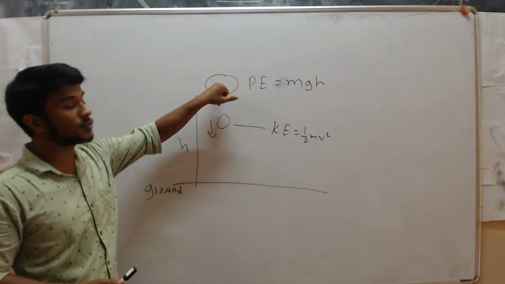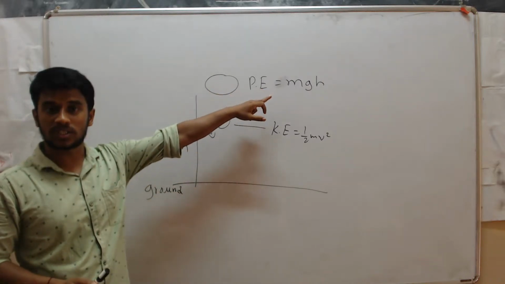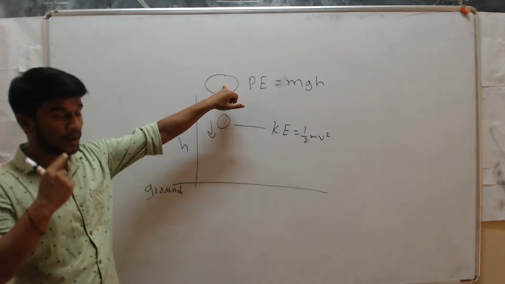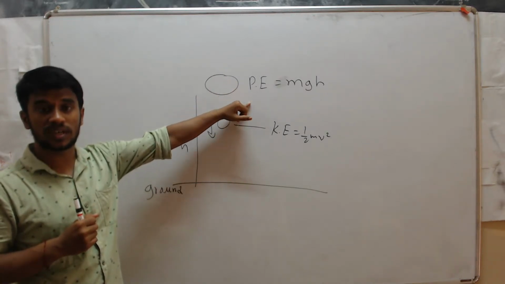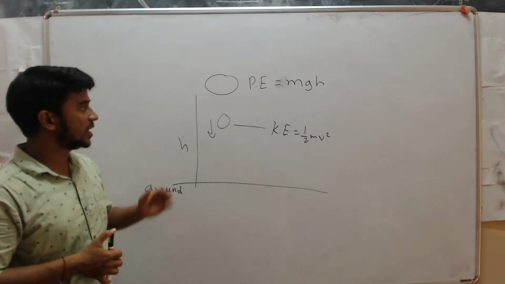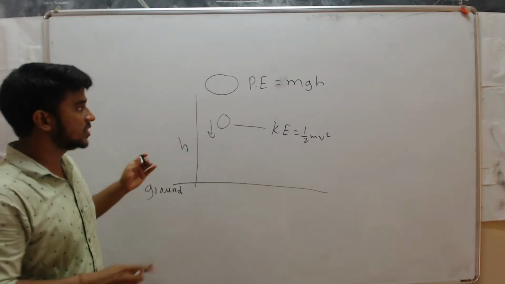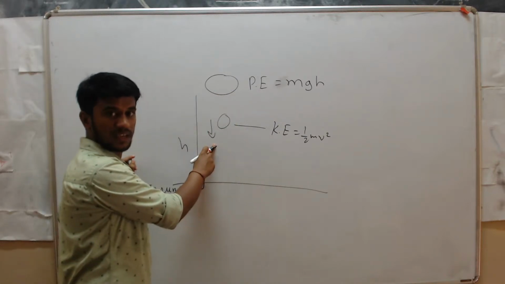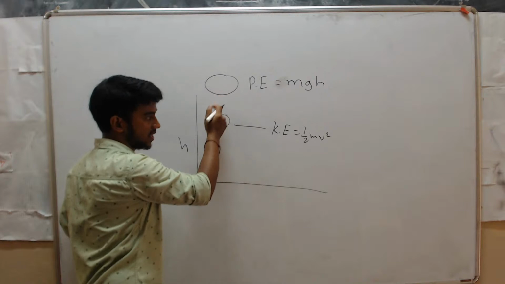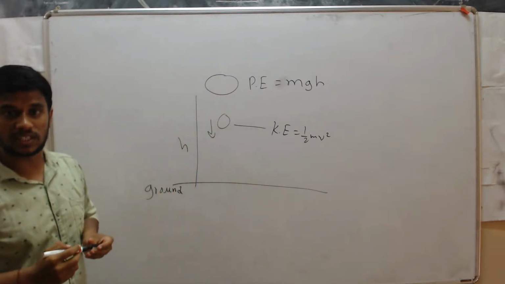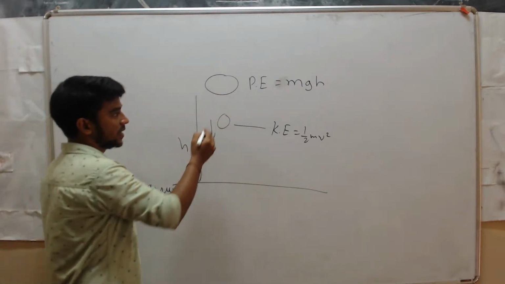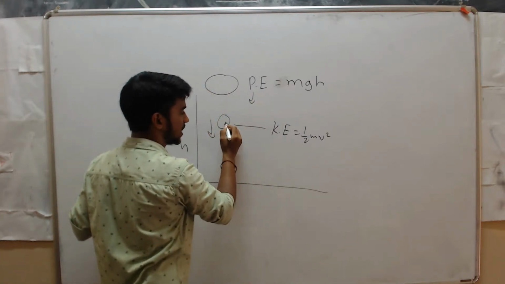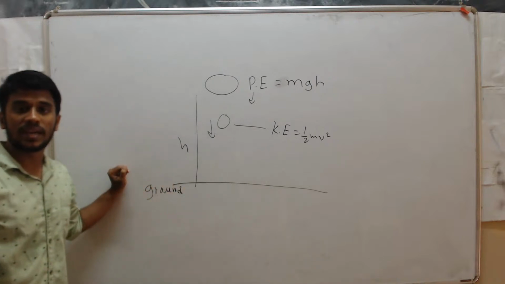Why? Because at the top position the object possesses potential energy, and slowly this potential energy is converting into kinetic energy. Clear? While falling downwards, potential energy decreases and kinetic energy slowly increases.